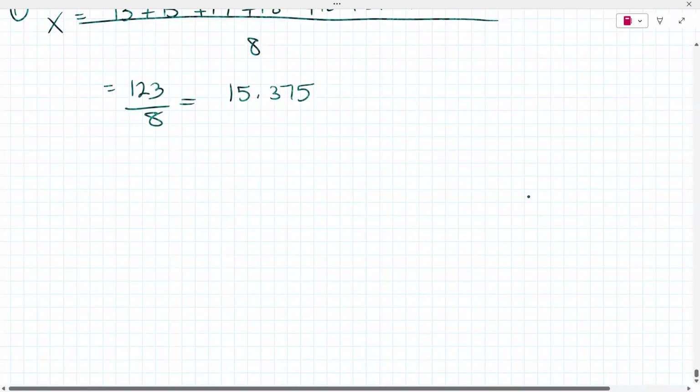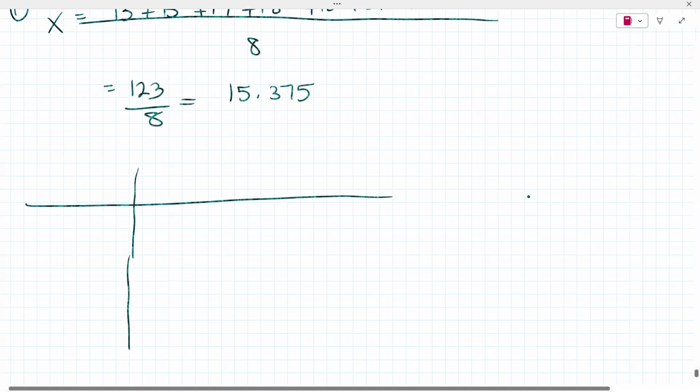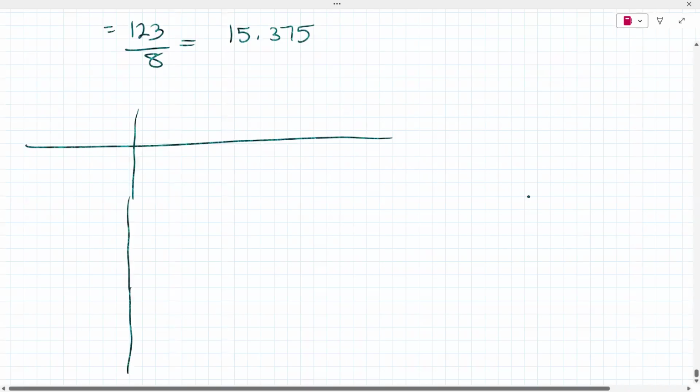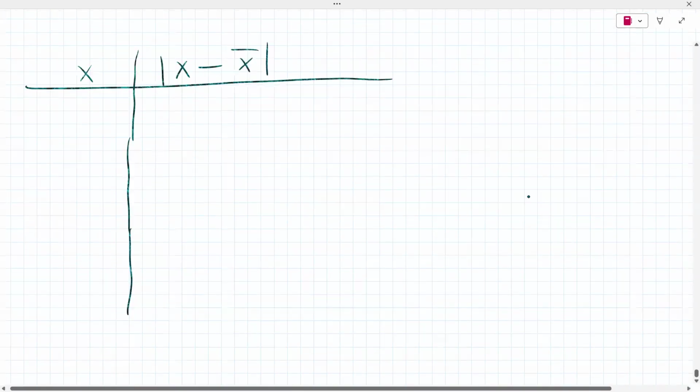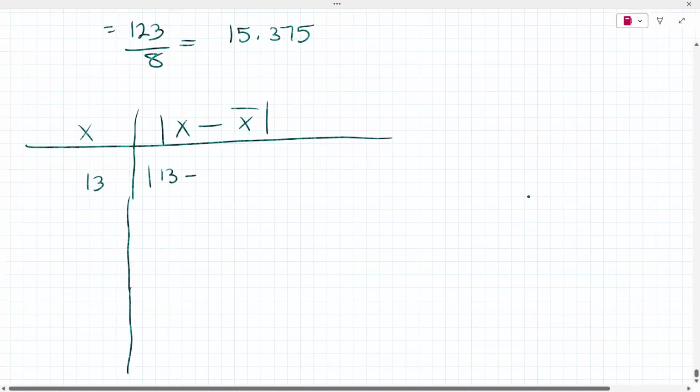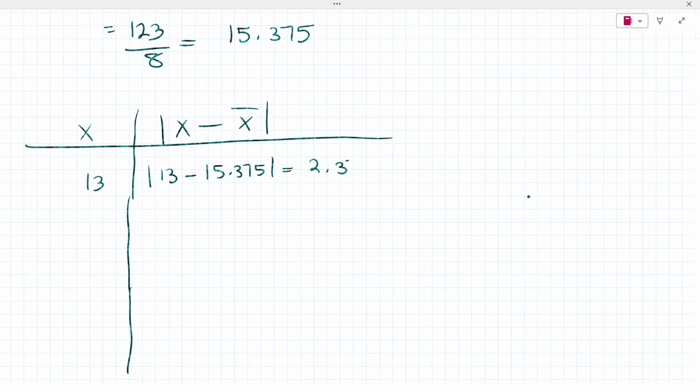Now we're going to make a table. It's going to be x, and then absolute value of x minus the average. Our first number is 13. So it's the absolute value of 13 minus the average, 15.375, which gives you 2.375.